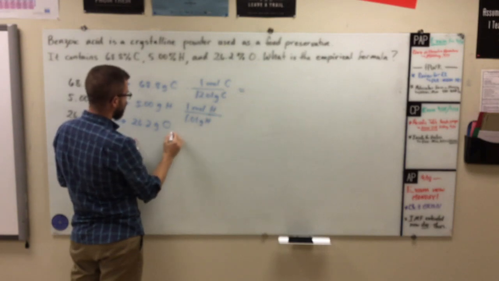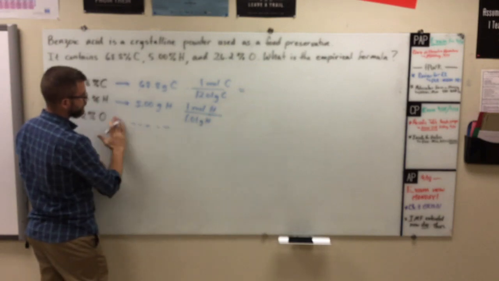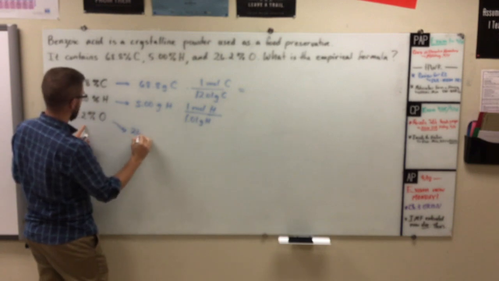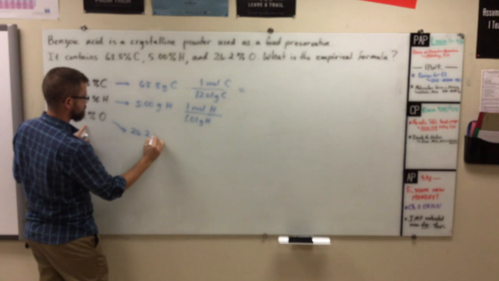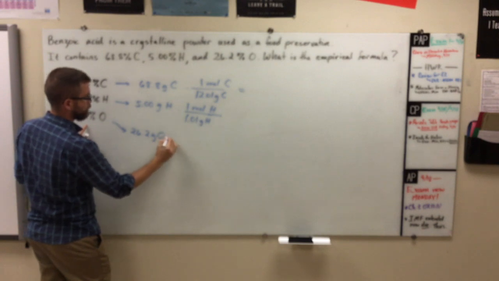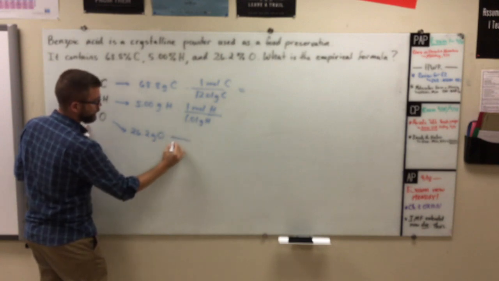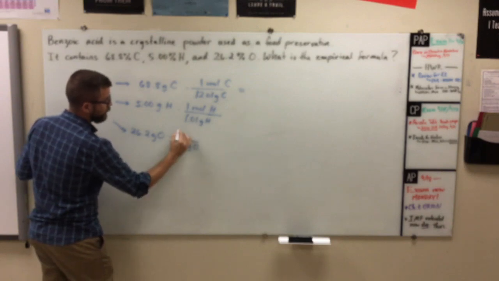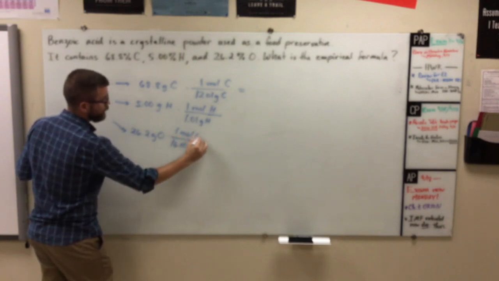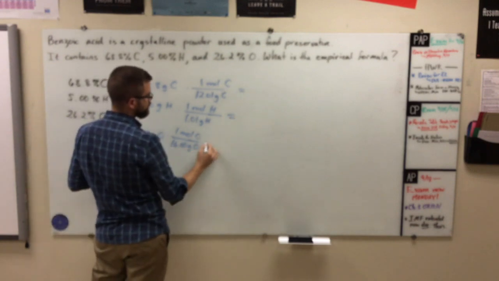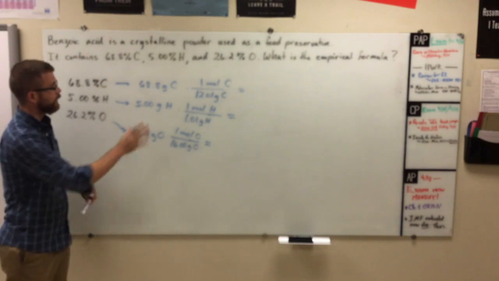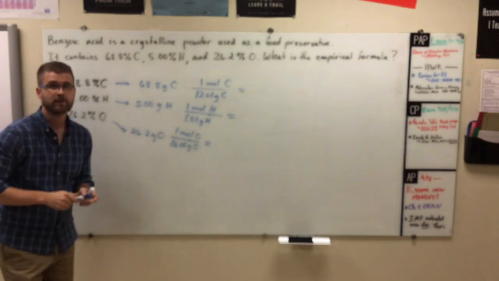And for oxygen, I'm running out of room, so I'm going to rewrite this one a little bit below. We're going to have 16.00 grams of oxygen for every mole of oxygen. So if we do this math, we should get the moles of carbon, hydrogen, and oxygen that are in this sample.